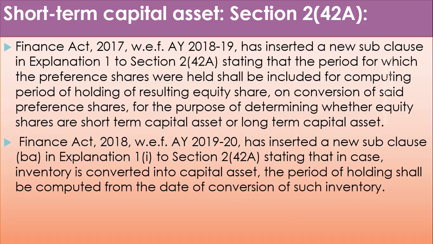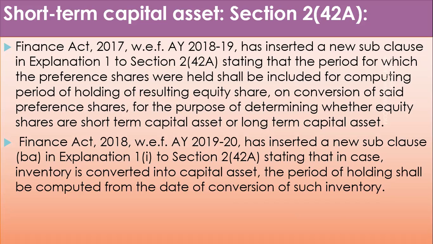It is stated that inventory is converted into a capital asset. Suppose on 1st April 2019, my 100 crore of Reliance shares were held as inventory. I converted them into a capital asset and sold after 2 years.